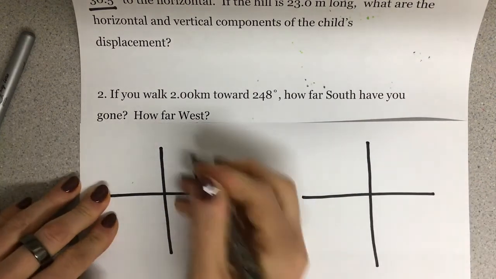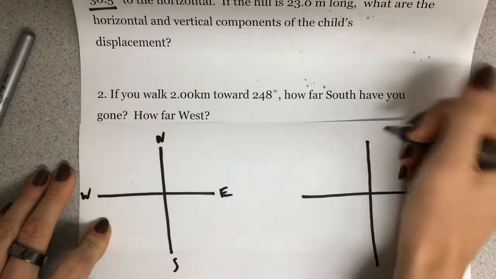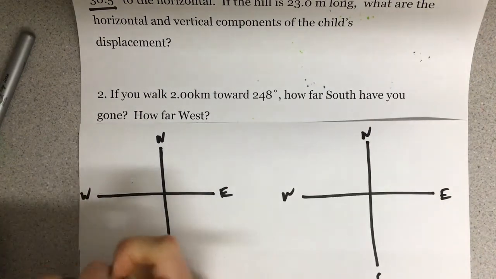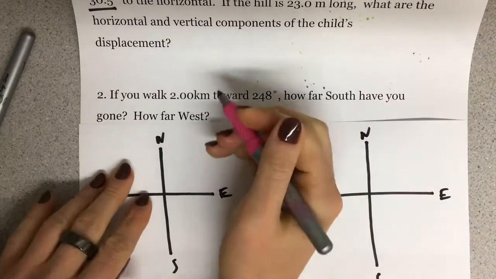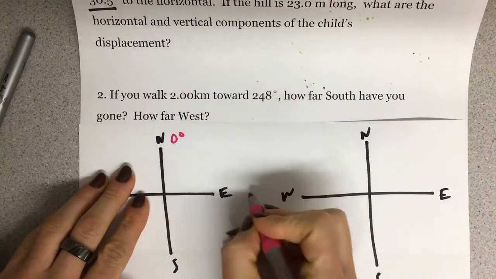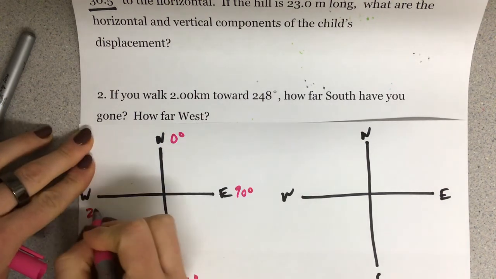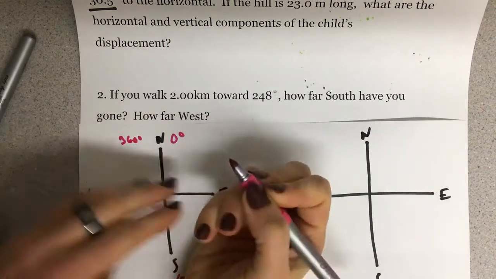Okay, so it says I walk north, east, southwest. I really like drawing out the compass rose every time because it just helps me visualize what's going on. This is 0, 90, 180, 270, and 360.